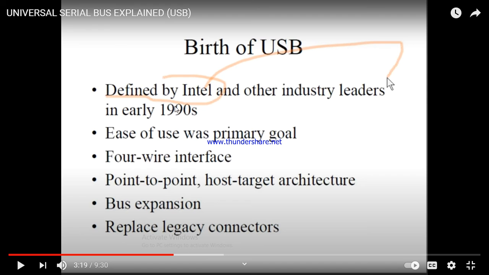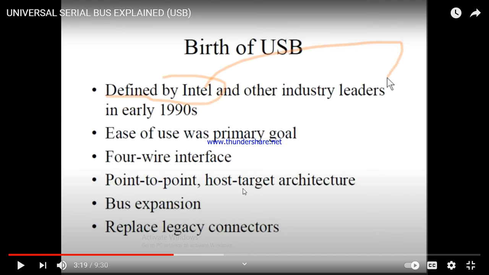Ease of use was the primary goal of USB at that time. It was a 4-wire interface, and still is. It has a point to point and host targeted architecture.